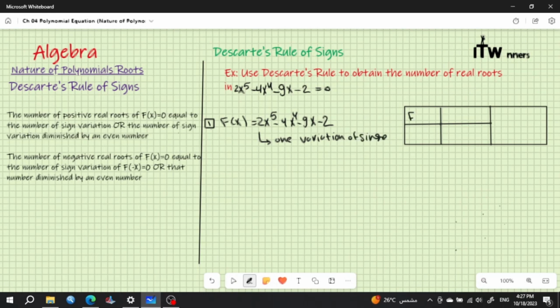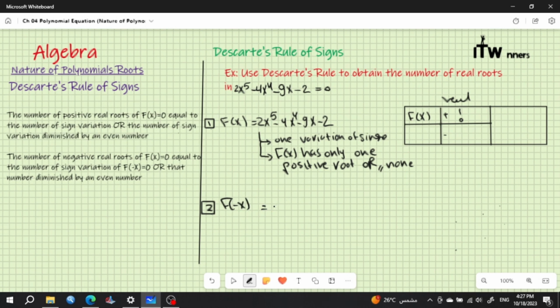So f of x has only one positive root, so f of x has only one positive root, or none. Okay, it can be 0.